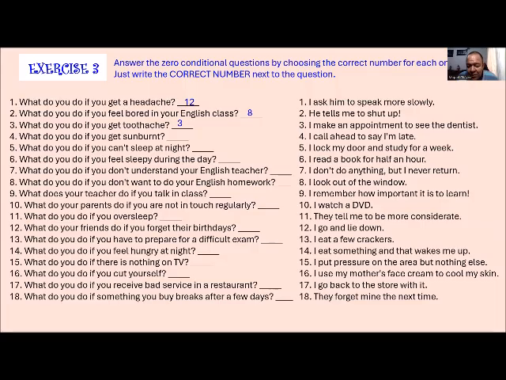What could be the possible answer? Yes, teacher. It's I use my mother's face cream to cool my skin. Okay, what number is it? 16. 16, exactly. I use my mother's face cream to cool my skin. Thank you so much again, Carlos.